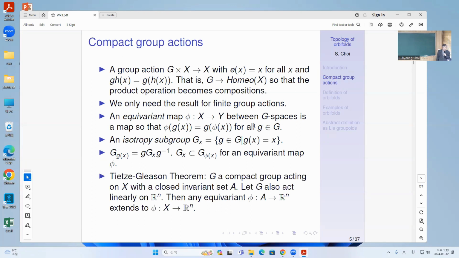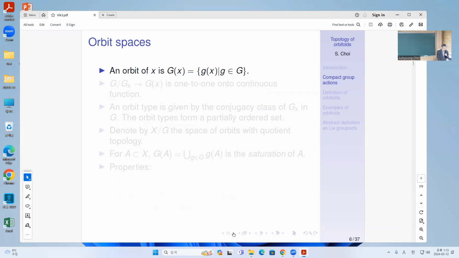If G was a trivial group or trivial action, this is just an ordinary topological theorem. But for compact groups, this can be done for compact group actions also. We're not going to prove that. Of course, that's in Bredon.